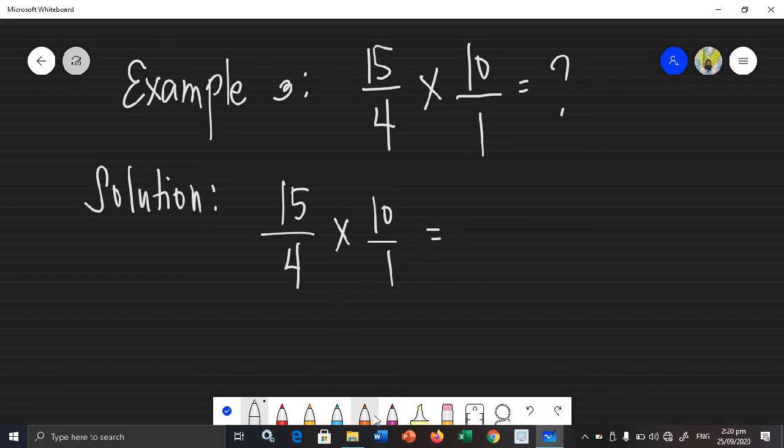So, now, observing this, do we have anything we can cancel, a numerator and denominator with a common factor? Yes, we have, right? 4 and 10, they have a common factor, which is 2. Okay? So, we need to divide both by 2. That's their common factor, 2. Okay? So, 4 divided by 2, that is 2. 10 divided by 2, that is 5.